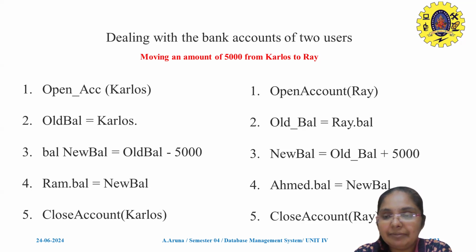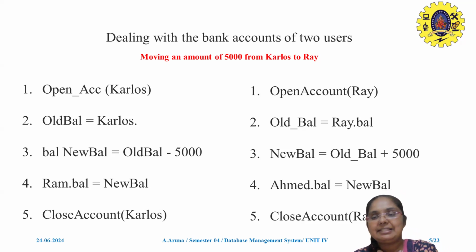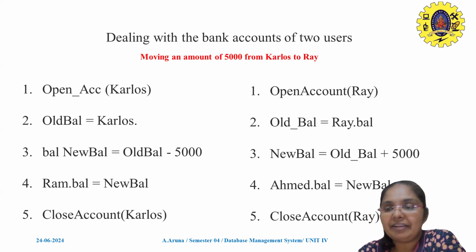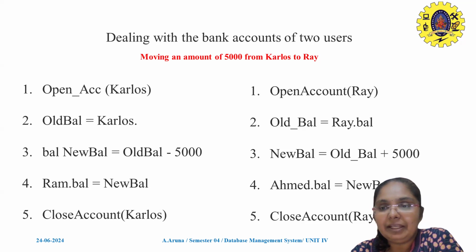After closing, you get a notification, right? Whatever amount you are transferring, it sends a message like this: your amount has been debited from this particular account. Along with your old balance, or currently how much you have in the account, everything will be displayed.